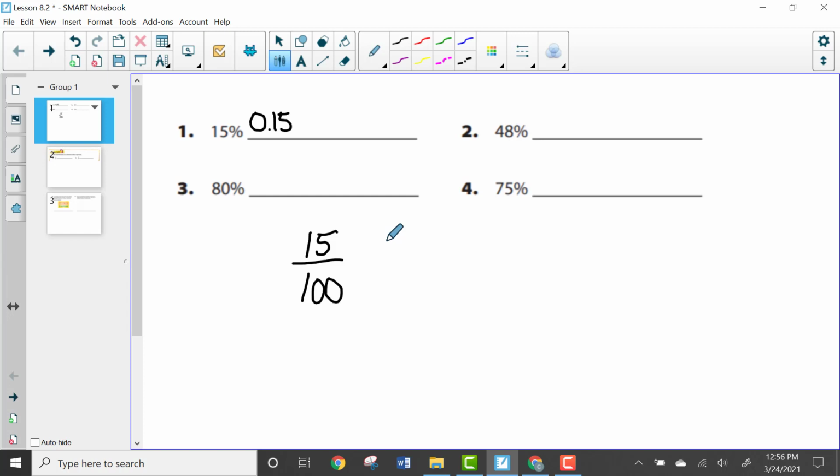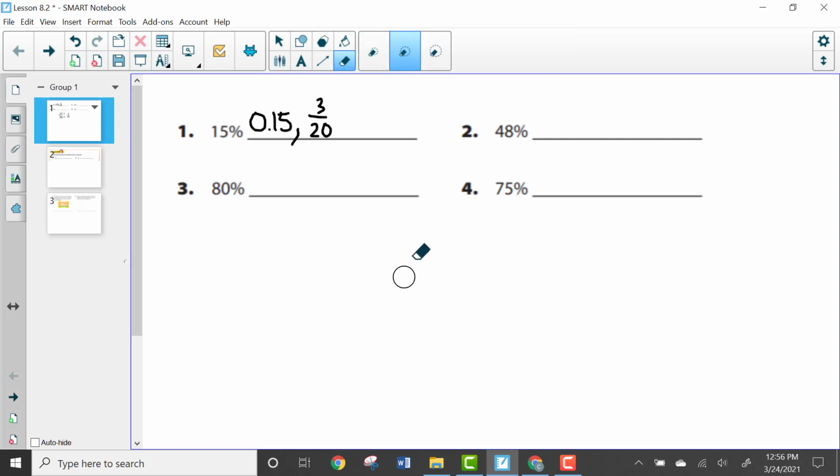That's how we simplify fractions, and 5 is the GCF of 15 and 100. So we take 15 divided by 5, that's going to give us 3. 100 divided by 5 gives us 20. So 15% as a decimal is 15 hundredths, and as a fraction, it's 3/20ths. It starts out as 15 over 100, then we just reduce it.